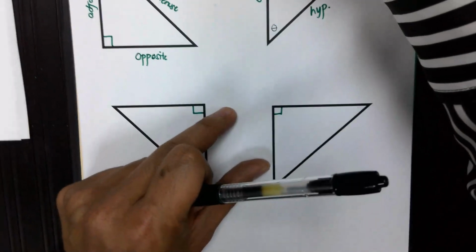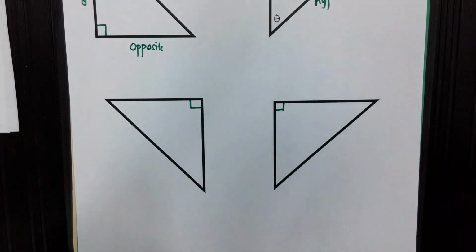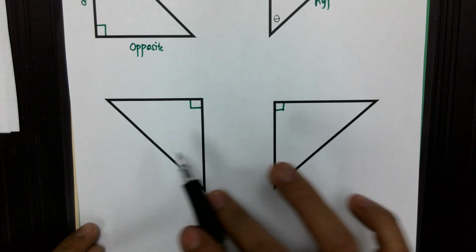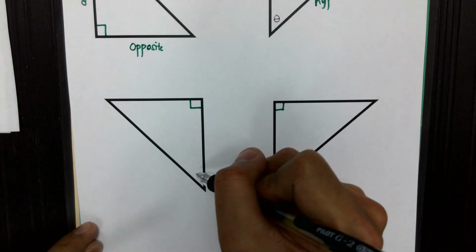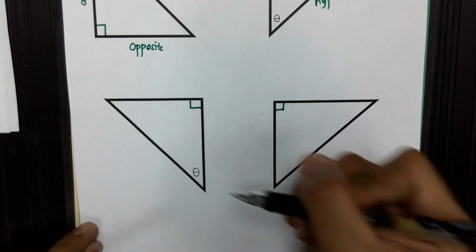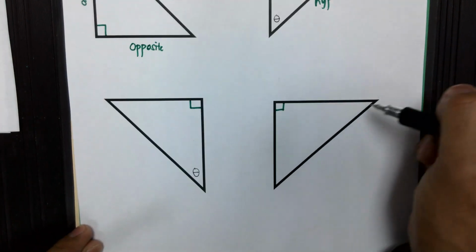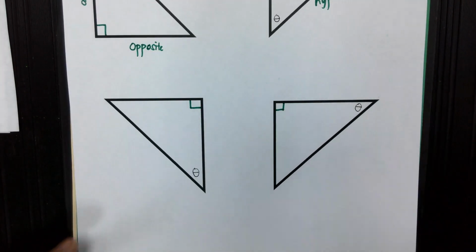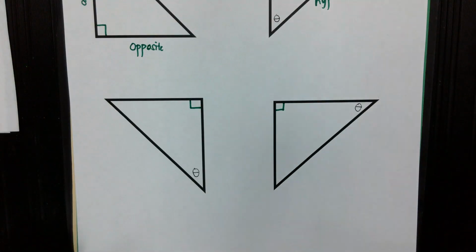Now pause the video, and I'd like you to try these two examples for when this is theta, and on this triangle, this is theta. All right.